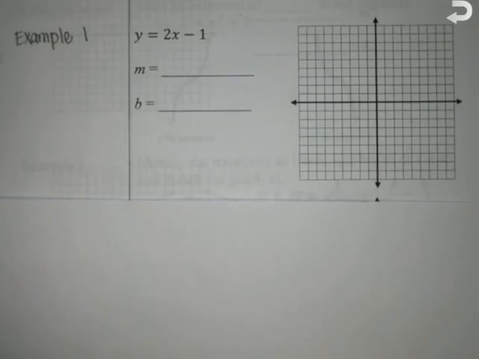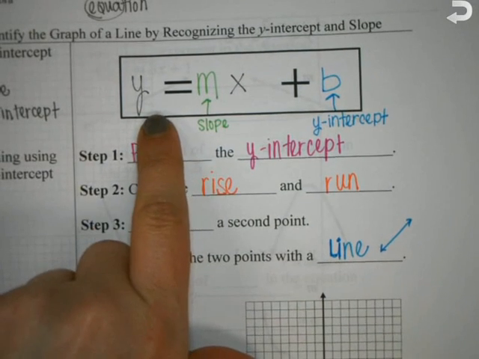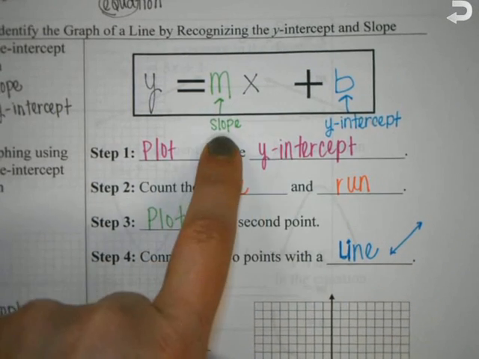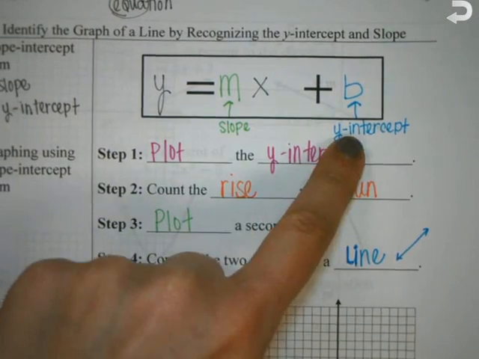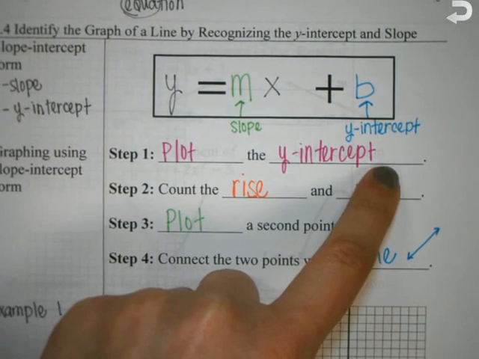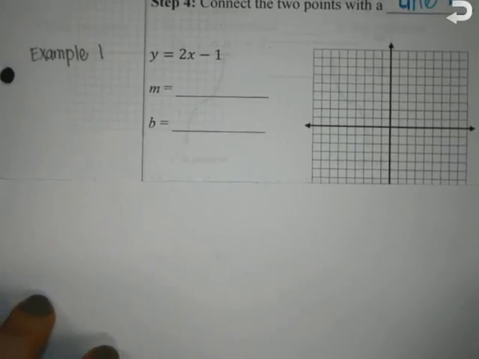Okay, guys, look at the form. Y equals mx plus b. M is always slope. The number that is attached to x is your slope. The number that is being added or subtracted is your y-intercept. That's b. So in this one, what's b?